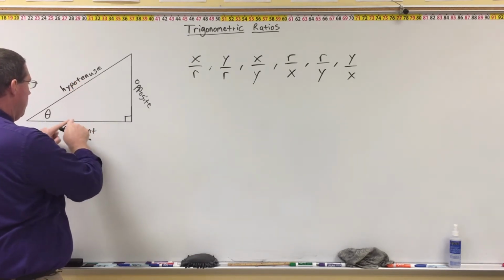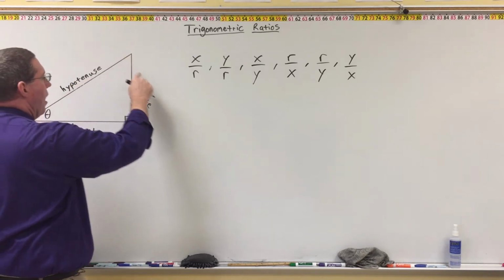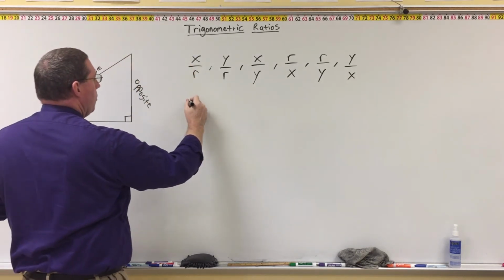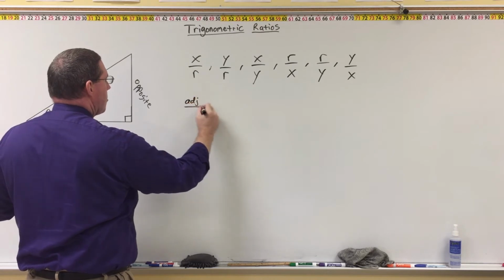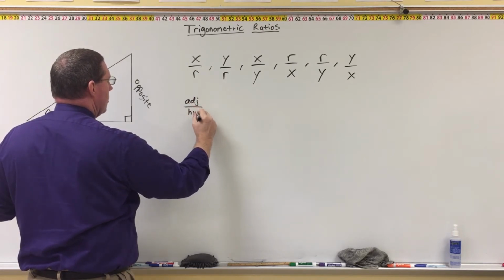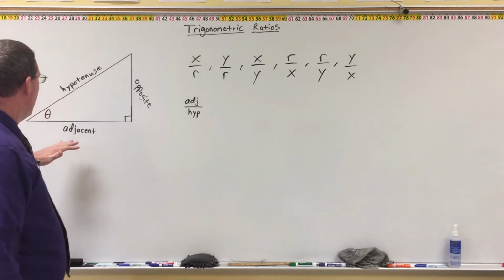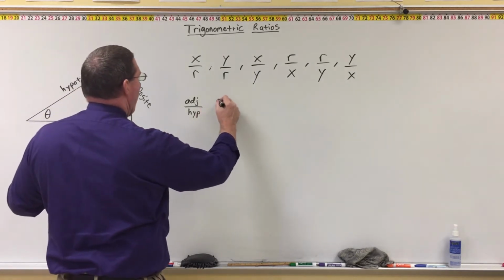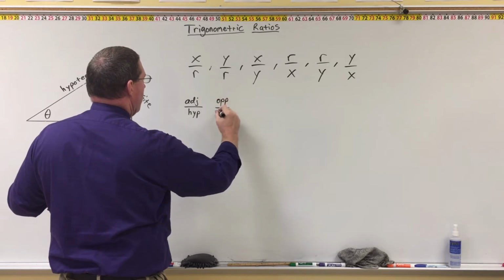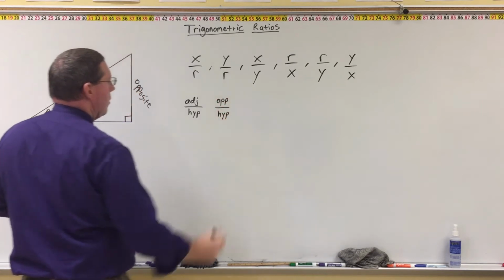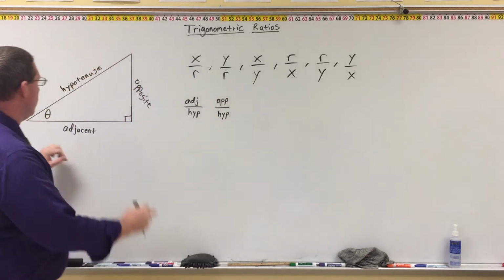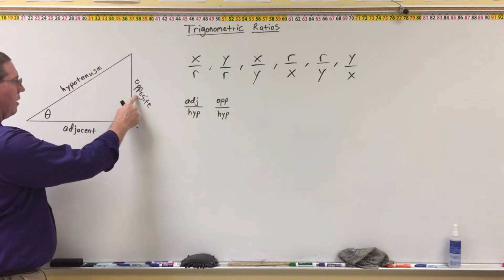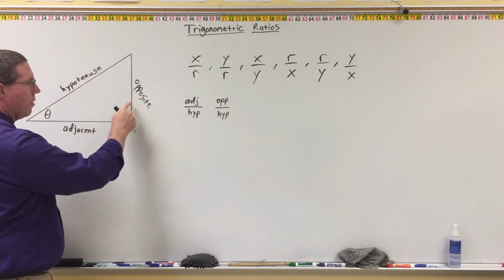So we can do this side divided by this side, just like we did x over r. We can do adjacent divided by hypotenuse. We can also do opposite divided by hypotenuse.